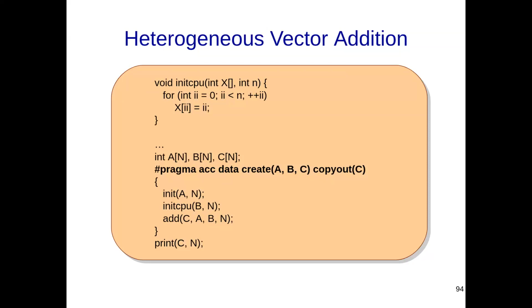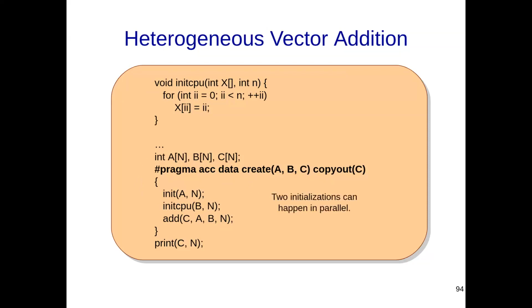So create A, C, copy in B, and copy out C. This should be the real one after we move this init CPU outside. Okay. Any other concerns, questions, suggestions here? Okay. So we'll move ahead from here.